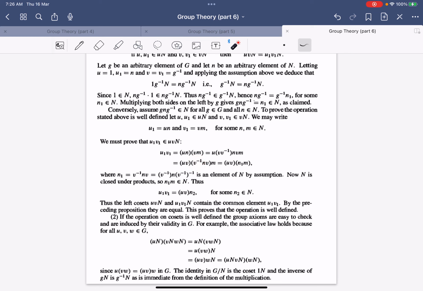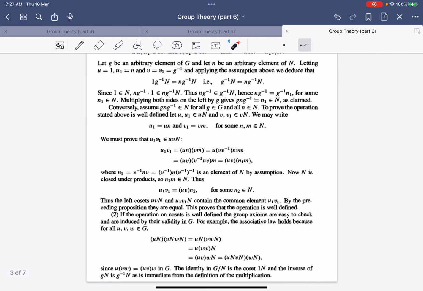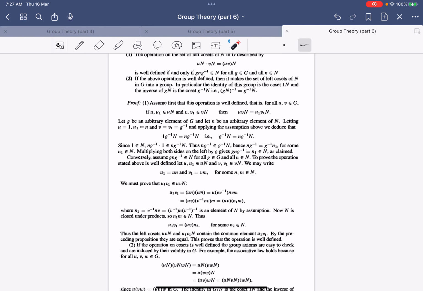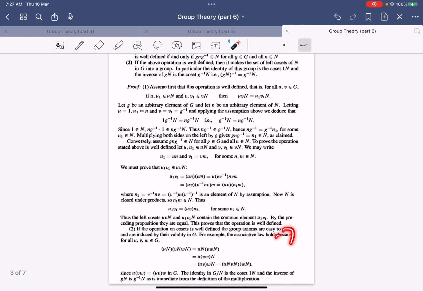Now you know that this conjugate lies in N, so it's n1. So it's just uv times n1 m, and n1 m is closed under products, so n1 m is still an element of N. So now this is just uvN, and you're done. I'll let you check that it is indeed a group, with the inverse and identity. Part 2 is just checking that, and I'll leave it to you to read on your own.